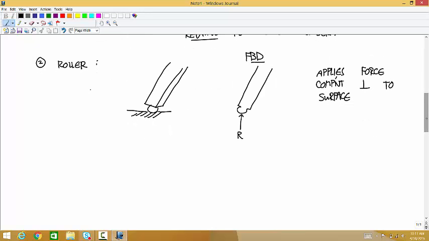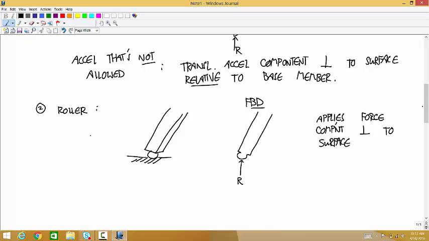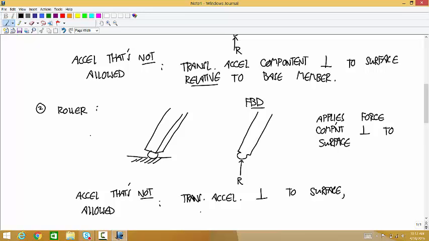And the acceleration that's restricted is the same as it was for the frictionless contact. It's a translational acceleration component perpendicular to the surface relative to the base member.